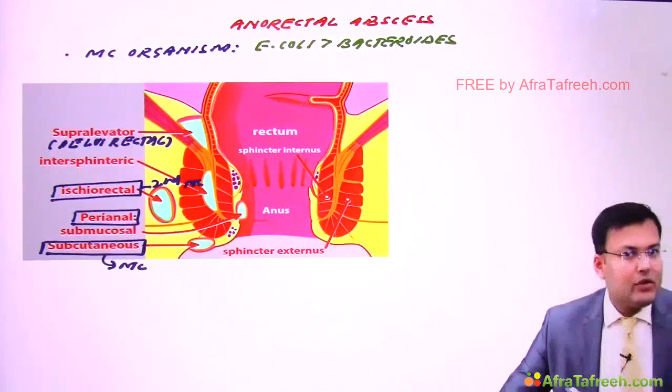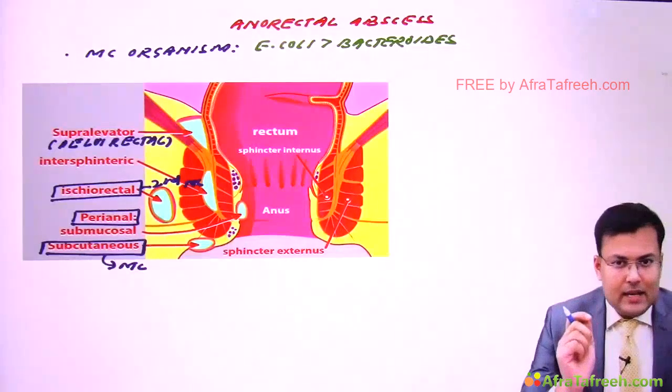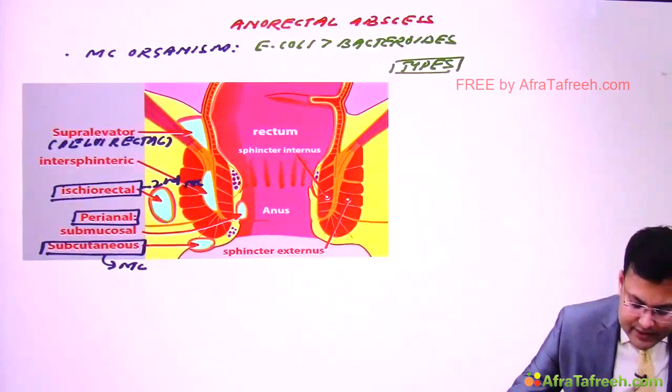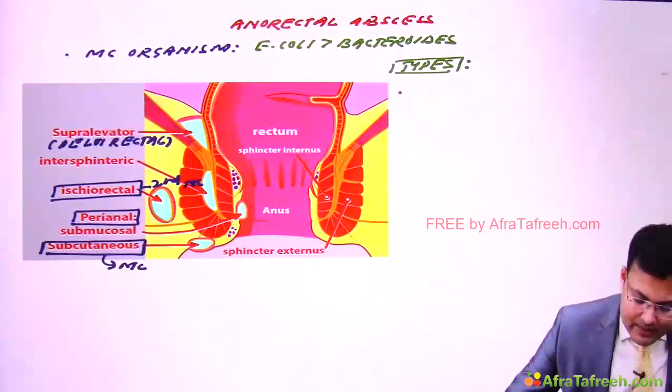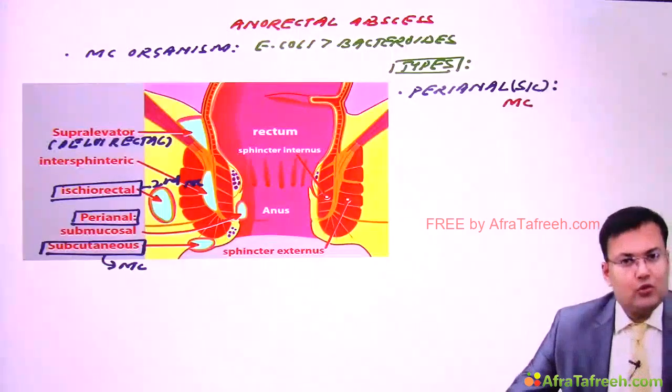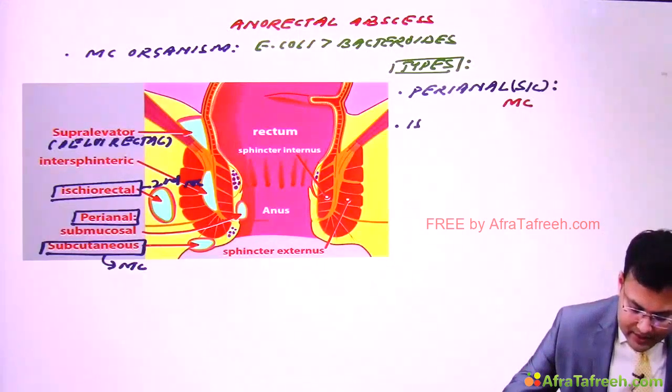Okay, so see what are the types. We are going to discuss the types in decreasing frequency. The most common type is perianal, and if a subtype is asked, which one? Subcutaneous. The second most common type is ischiorectal.